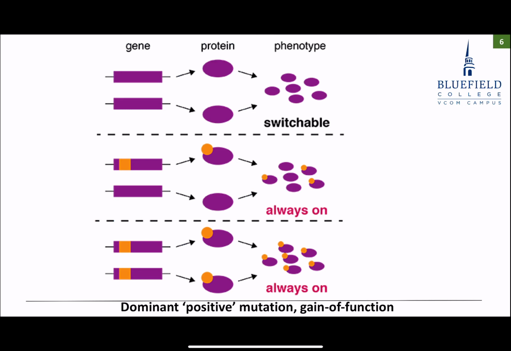So that leads to some constitutive permanent binding. And some proteins will be on all the time. So the cell now has no means to deactivate, to suppress this protein, right? So this is the dominant mechanism here.